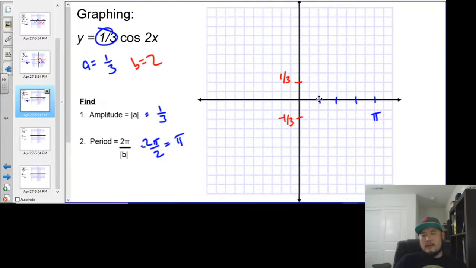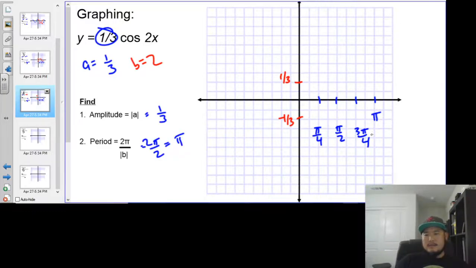The first hash mark is the quarter mark, so we have pi over 4. And the next one will represent the halfway mark. So I take 1/2 of pi, and I have pi over 2. And then right here, I have 3 pi over 4.